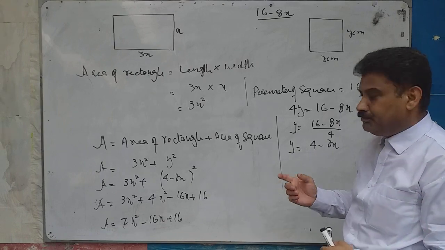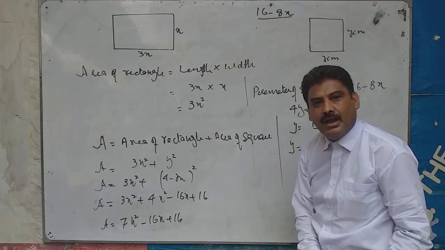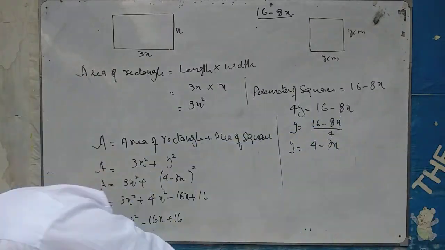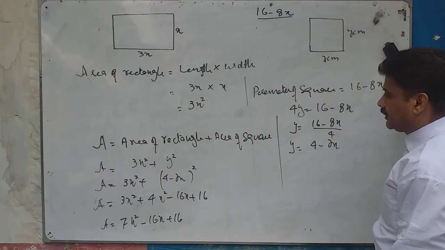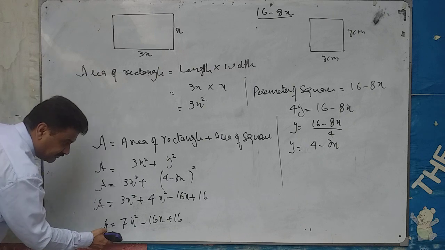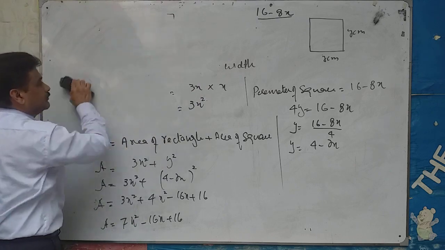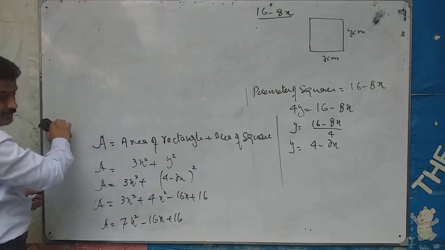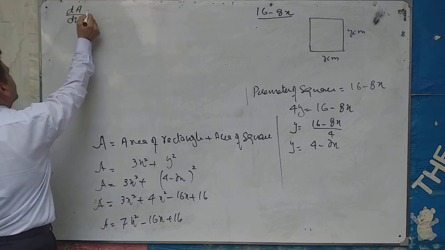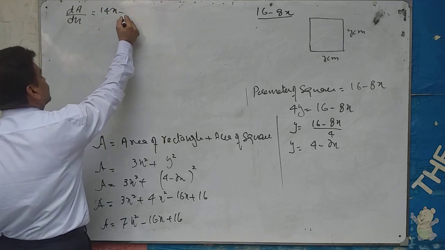We now have to minimize this area. To minimize this area, we find its first order derivative and equate it to 0 to find the turning points. We differentiate this relation with respect to x. We get dA by dx is equal to 14x minus 16.